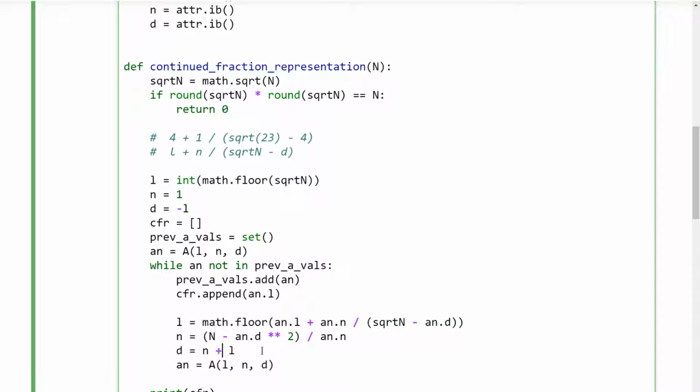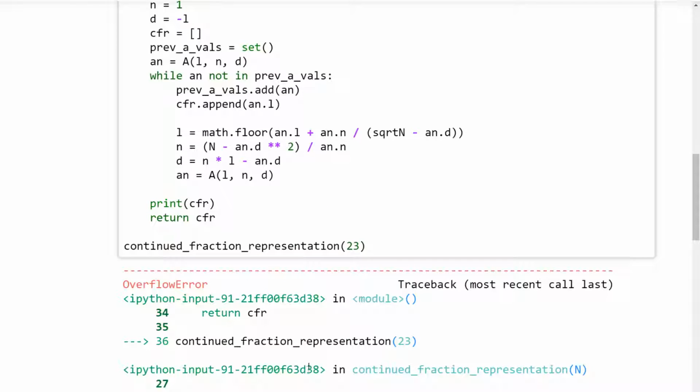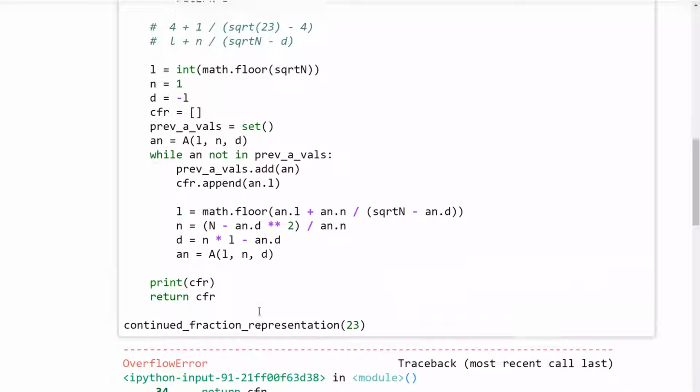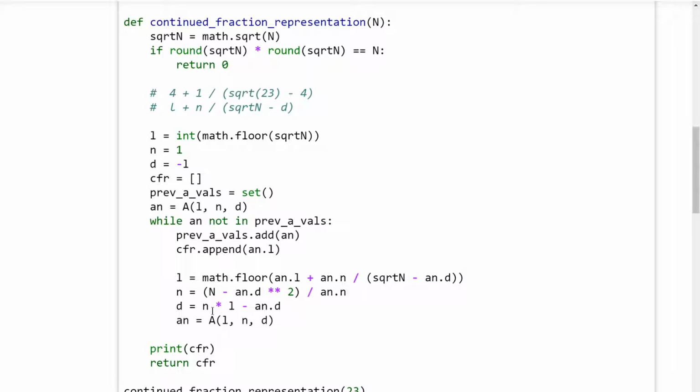Minus AN.D. Multiplied. Sorry, missed a shift. And for N also we do N is the nth of AN.D.